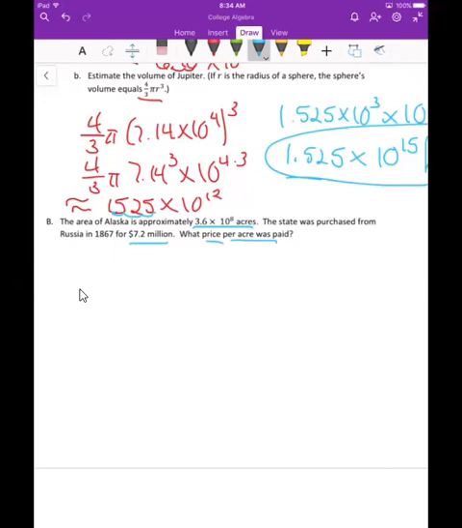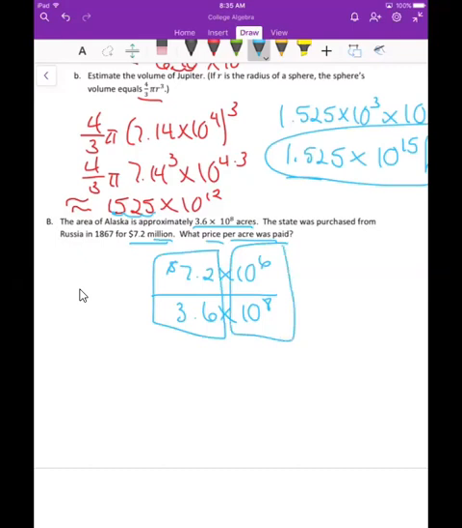So price per acre means I need to take the price, which is 7.2 million, so that's times 10 to the 6th, that million there, over the acres, 3.6 times 10 to the 8th. And now again, we can handle the numbers separately from the exponential terms since everything's being multiplied.